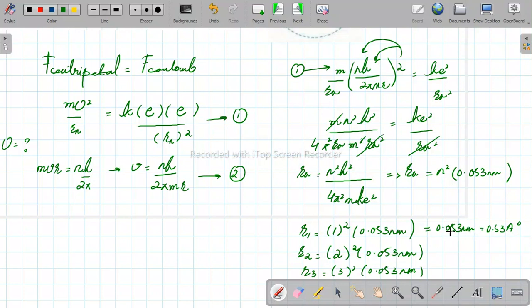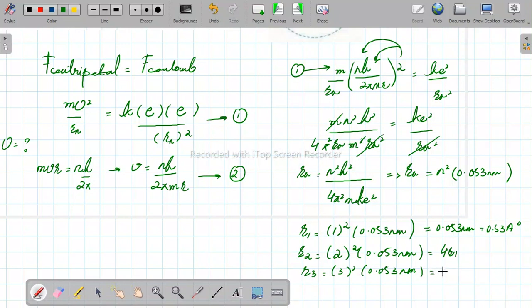I know this value 0.053 is here and here too, so I can write the radius of any higher level in terms of Bohr's first radius. Since I know this value is r1, we can write it as 2 square times r1, so we can generalize it as n square multiplied by r1. So 4 times r1 is the radius for the second orbit, 9 times r1 for the third orbit, 16 times r1 for the fourth orbit, and so on.